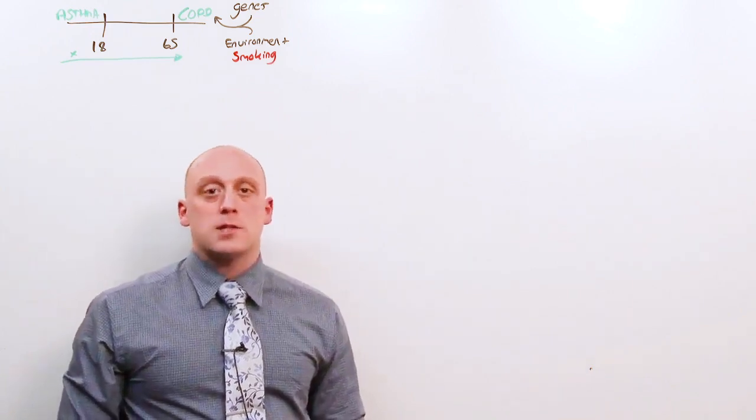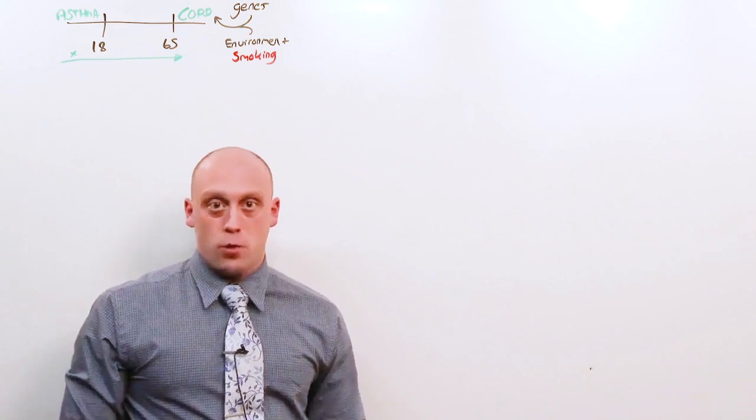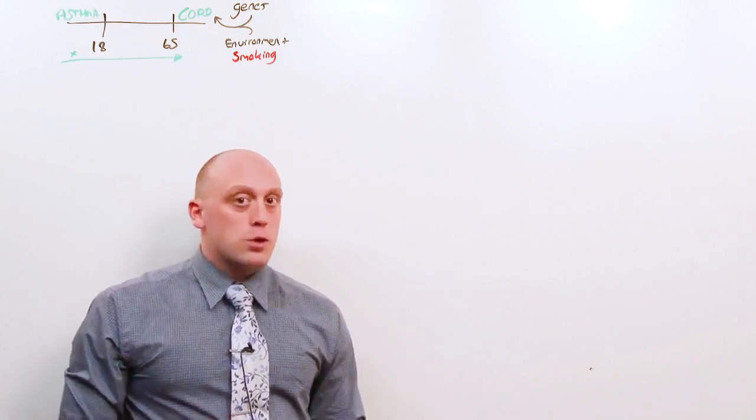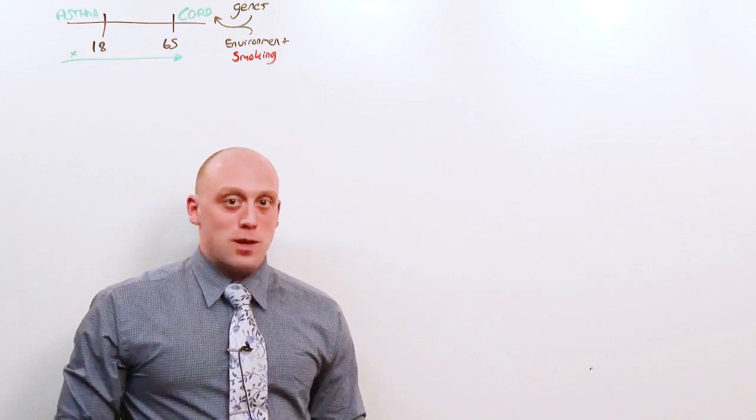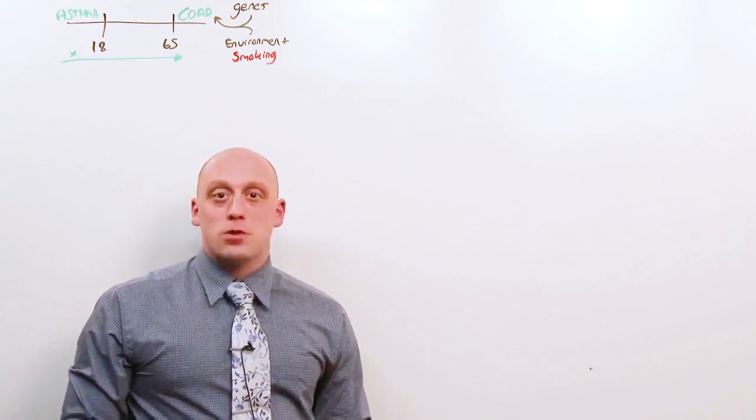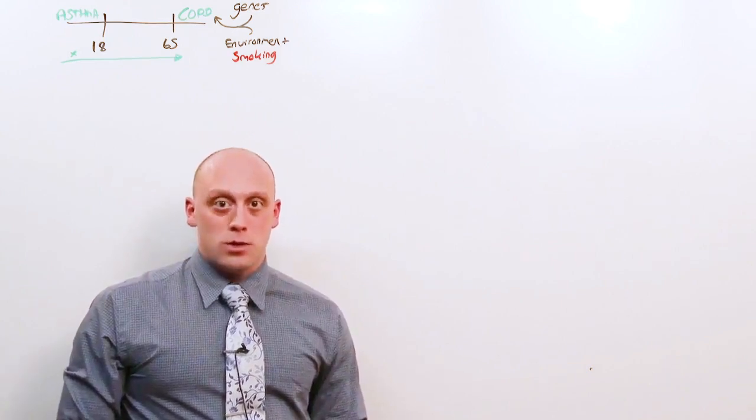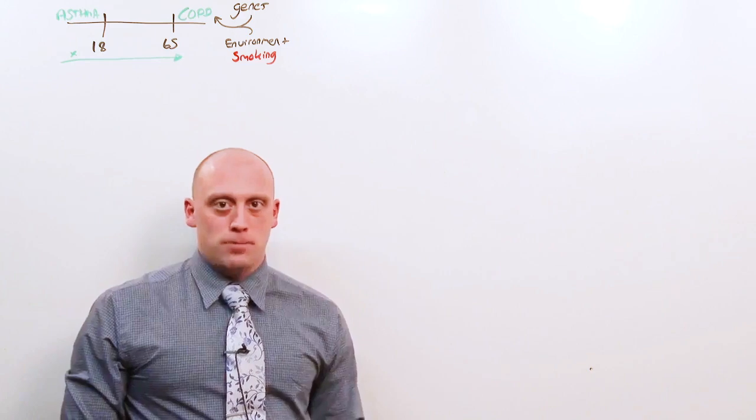And of course, you can get COPD without smoking if you have some other form of exposure. What you should be looking for in somebody who you think has COPD is someone who has obstructive lung disease, smoked a lot, and is a little bit older.